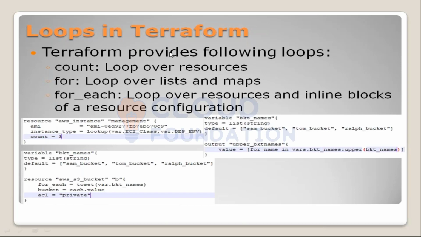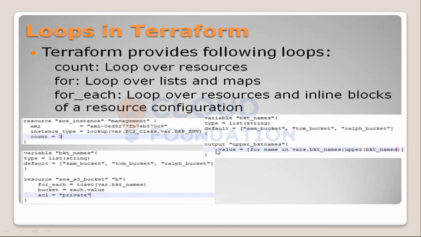Now let's go for the next one, the for loop. If you have a list or map, it loops through the values of that and creates another list. For example, in the one on the right hand side, I have a variable bucket names where we have three bucket names: Sam bucket, Tom bucket, and Raf bucket.